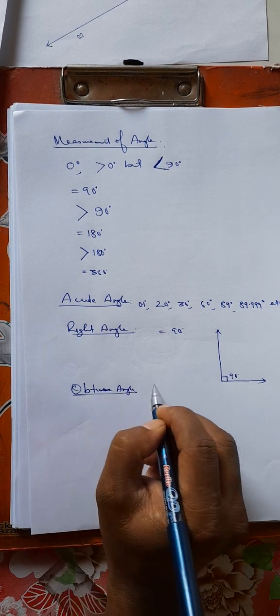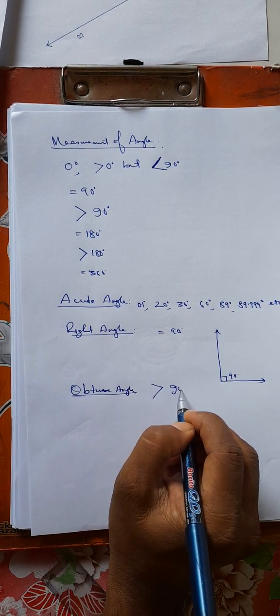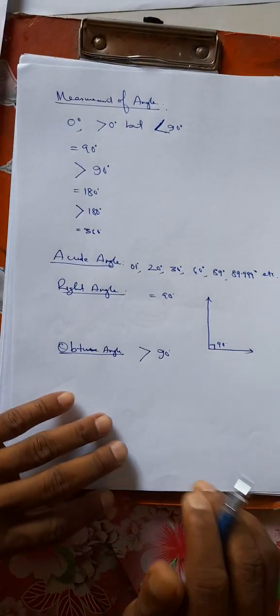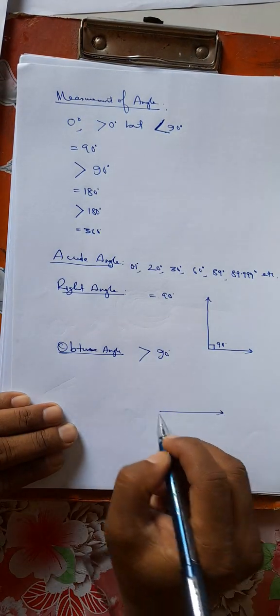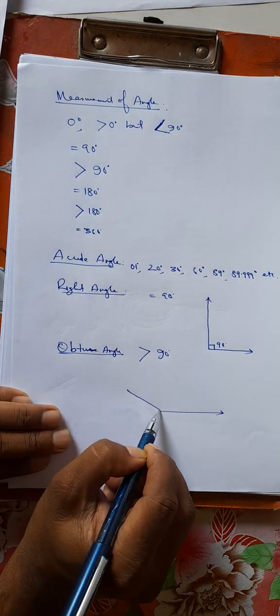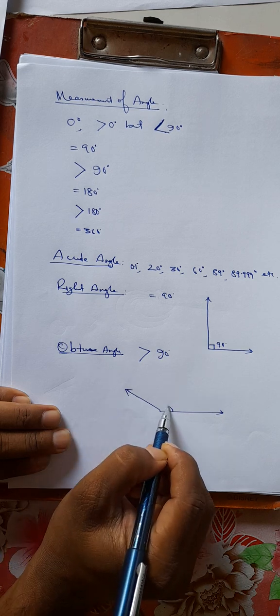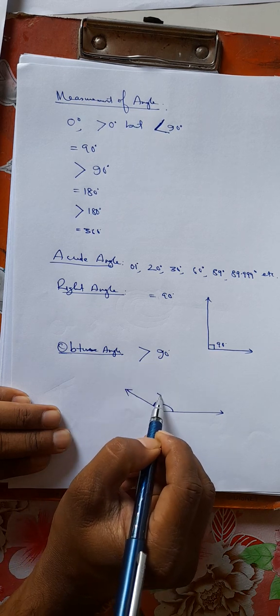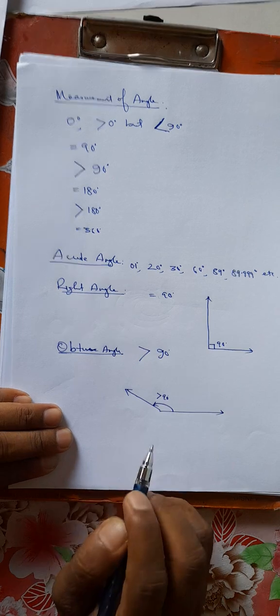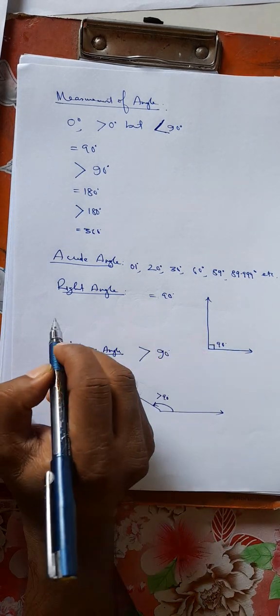An obtuse angle means greater than 90 degrees. Say for example this. So this angle is greater than 90 degrees. This is an obtuse angle. An acute angle means like this.